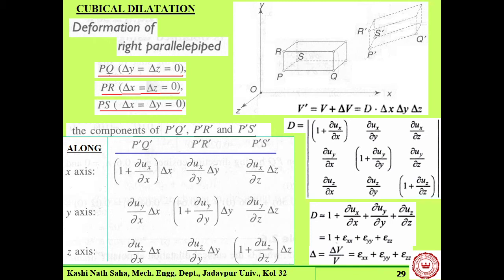We can locate the changed locations P prime and Q prime. From those coordinates we can find out delta x prime, delta y prime, delta z prime, and if we multiply them, that will give us the changed volume V prime, which is the original volume plus a change in volume.